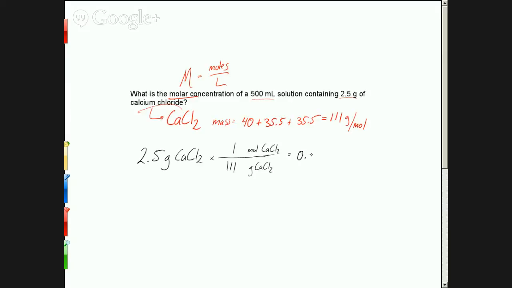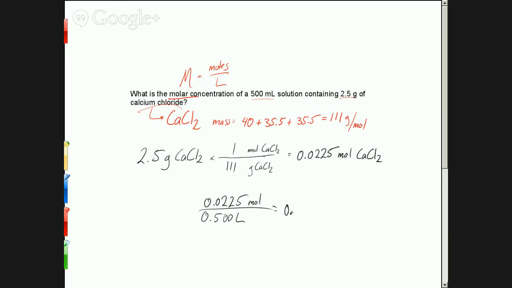It's going to be 0.0225 moles. So that's how many moles of calcium chloride we have in 2.5 grams. So if we have that many moles in 500 milliliters of solution, so moles of solute divided by the volume of solution, which is 0.5 liters. 500 milliliters is 0.5 liters.